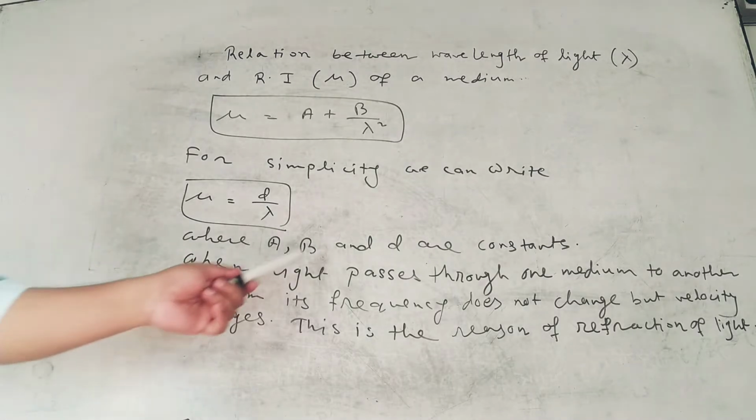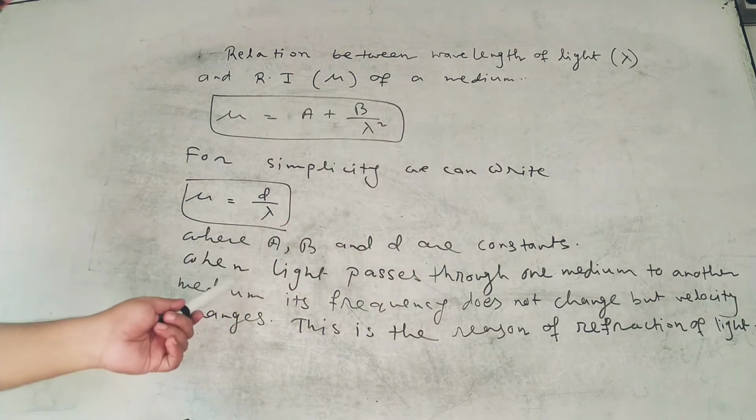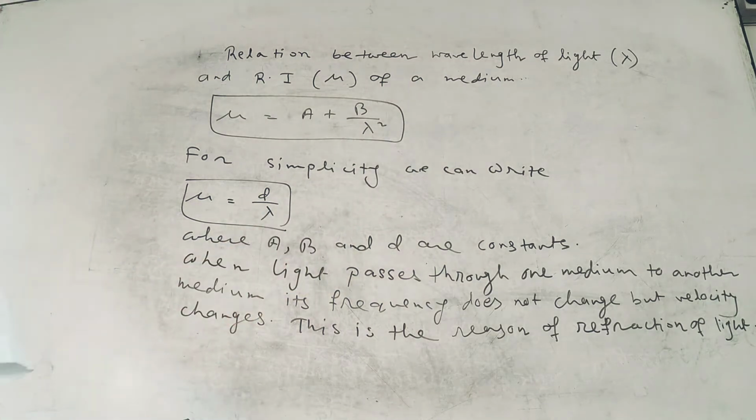That is, when light passes from one medium to another medium, its frequency does not change, but velocity may change. This is the reason for refraction of light. That is, when light passes from one medium to another optically denser medium, the frequency does not change, but the velocity changes.